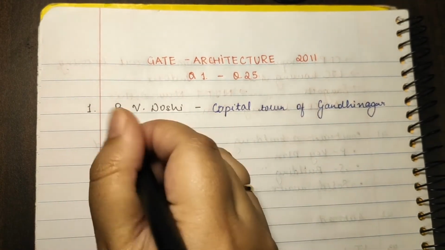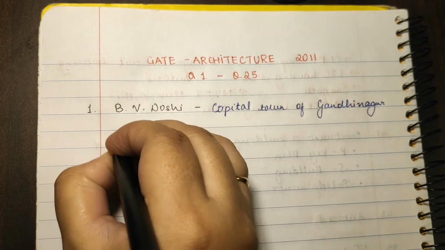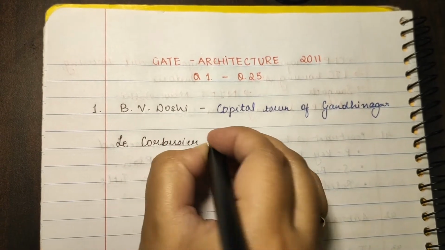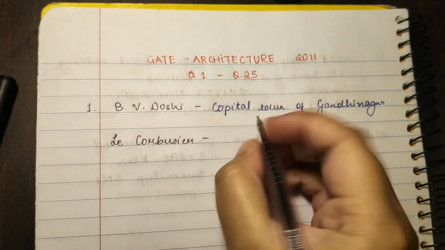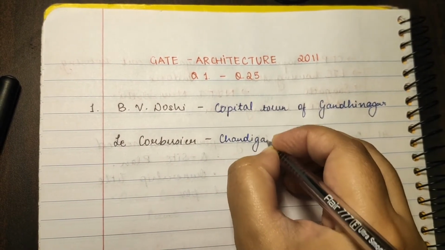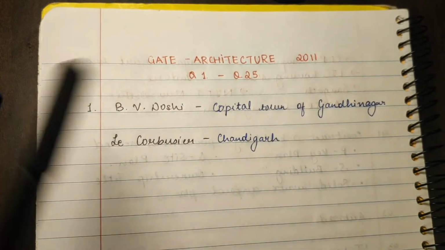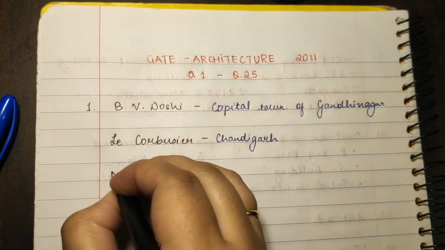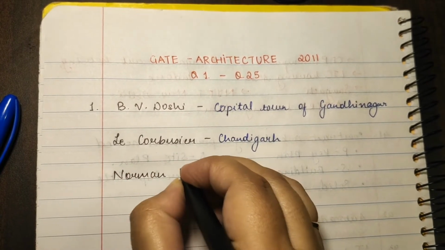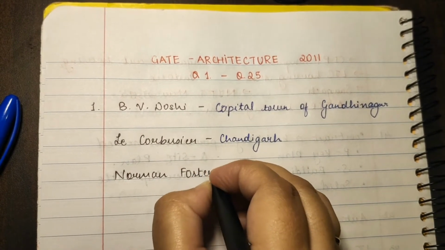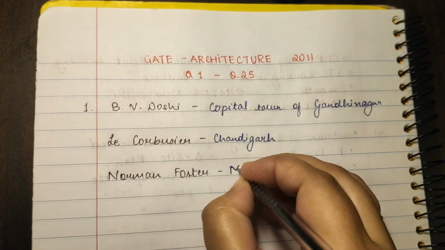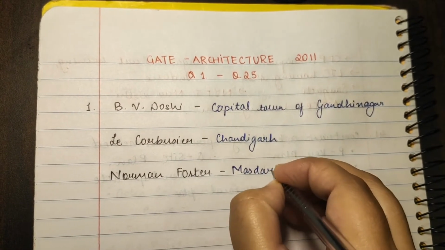Now we have Le Corbusier, which was behind Chandigarh. Then we have Norman Foster, who actually designed Masdar city in Abu Dhabi.